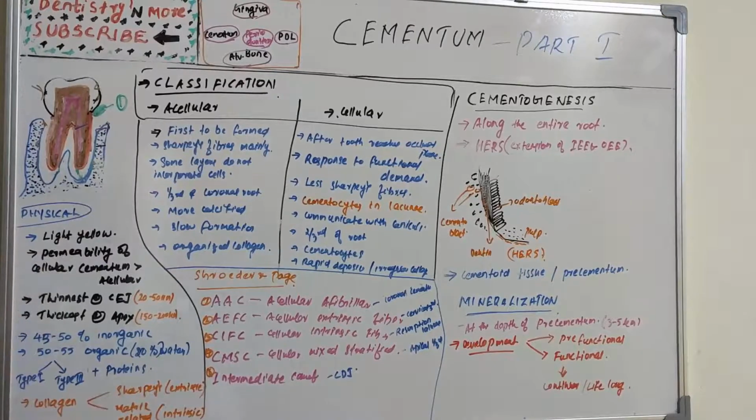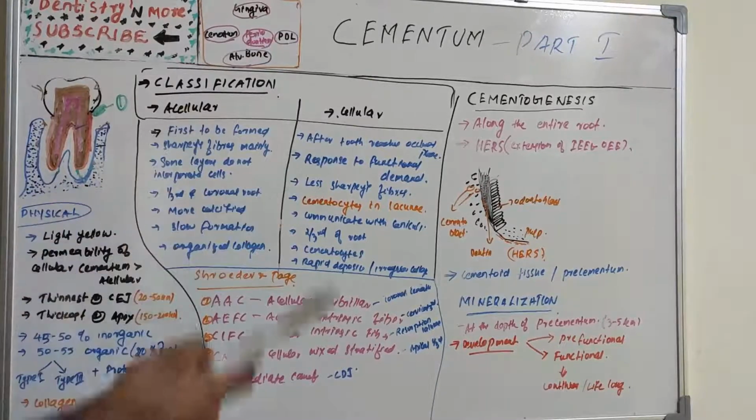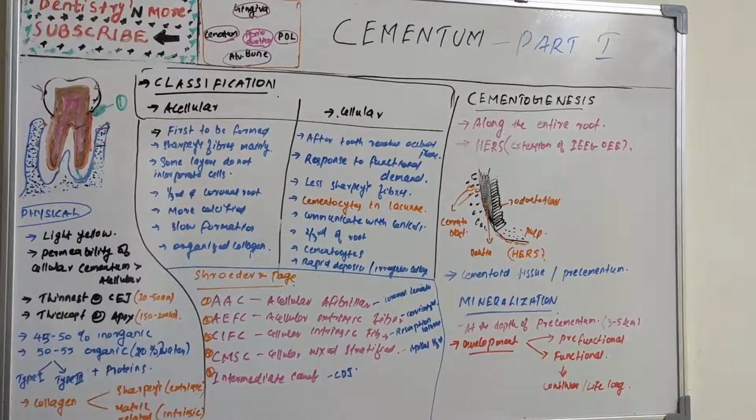This definition was given in Carranza, and we have basically two main types, that is acellular and cellular. And it begins at the cervical portion of the tooth at the cemento enamel junction and continues to the apex. Okay, so it starts here and it continues to the apex. So it covers the root basically.